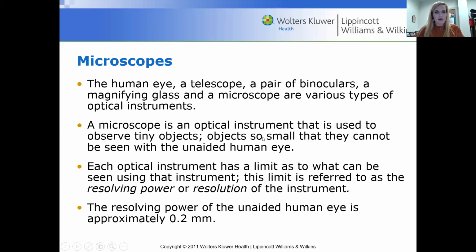Okay. All right, so microscopes. Microscopes, again, are about how we view things. If we think about how we view the world, we obviously view through our eyes, right? So the human eye, as well as a telescope, a pair of binoculars, a magnifying glass. For those of you familiar with a magnifying glass, it's just a lens you can hold up in front of a newspaper or something so you can make the words look a little bit bigger.